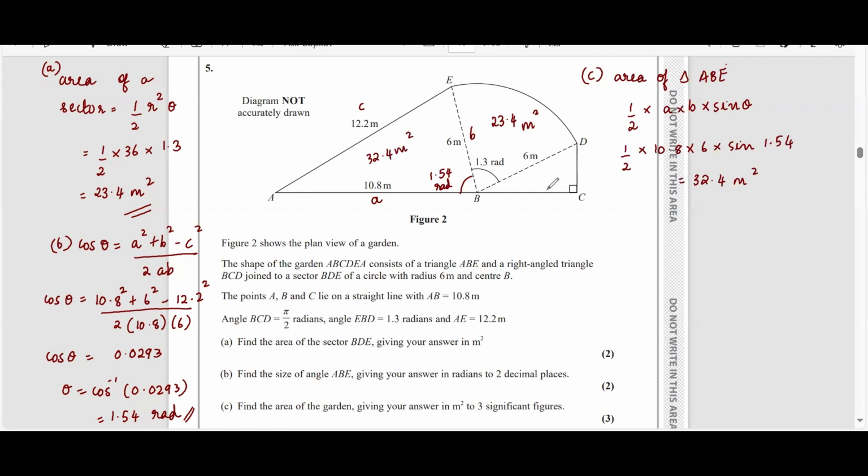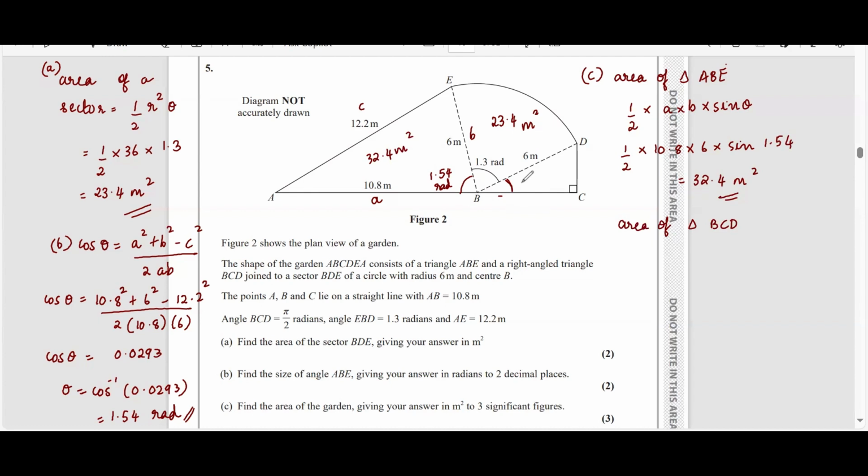Now we need to find the area of triangle BCD. In order to find the area of this right angle triangle, we don't know the base or the height. The only thing given is the hypotenuse. What we can do is find this angle. It's a straight line, which means 180 degrees, and in radians that is pi.